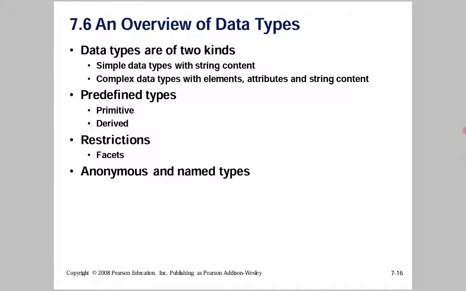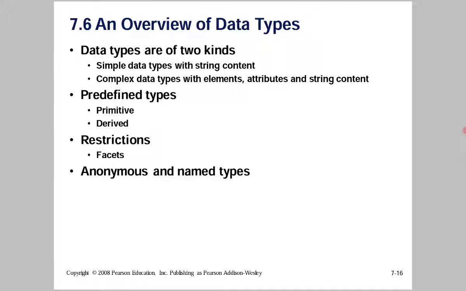Next, the second kind is predefined types. Predefined types are already defined, system-defined, ready-to-use tags. The first is primitive and the second is derived.